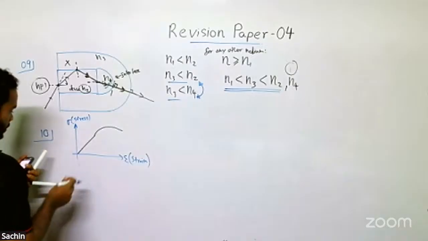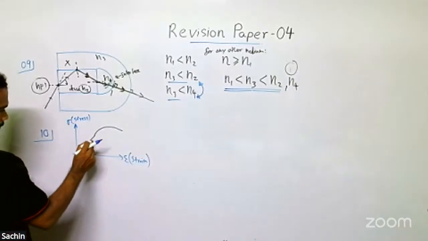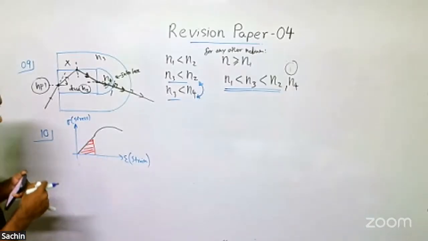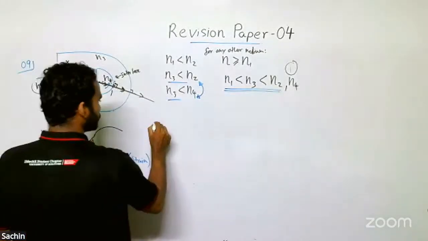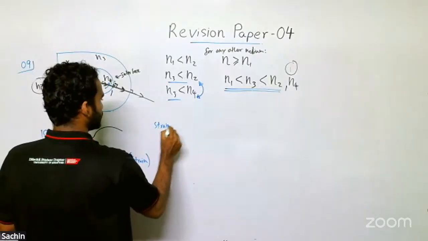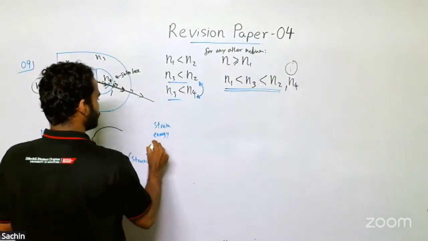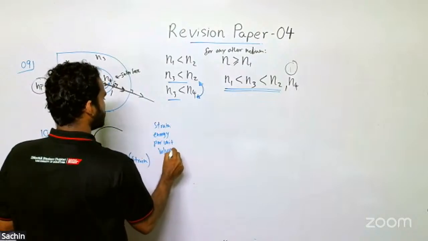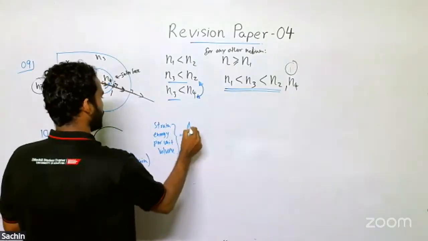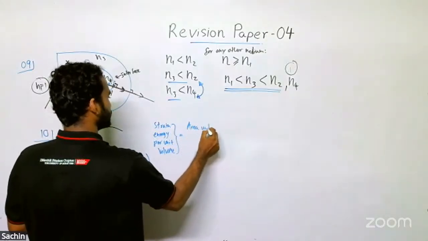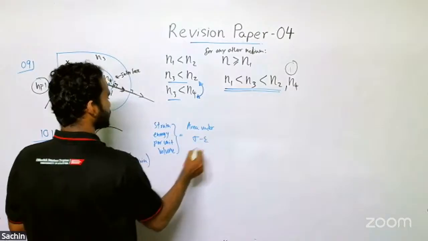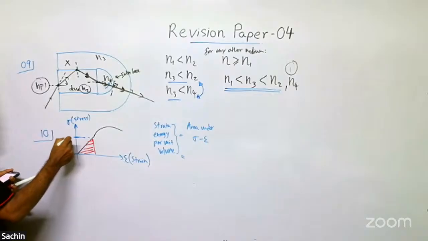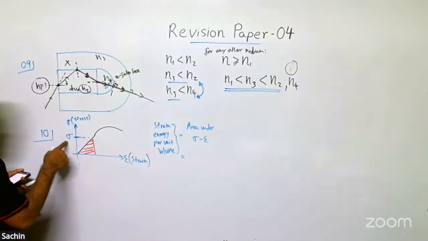There we said the strain energy per unit volume is given by the area under this curve. Again, this is theory: strain energy per unit volume is equal to the area under the sigma versus epsilon curve.